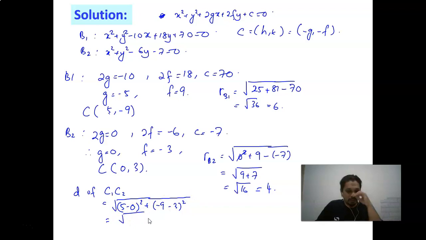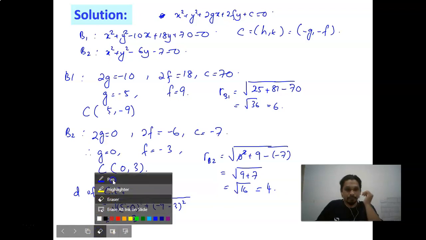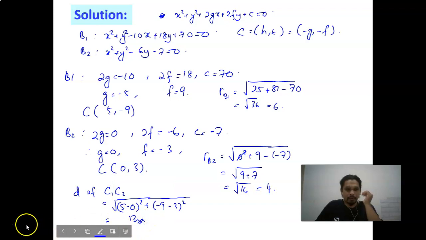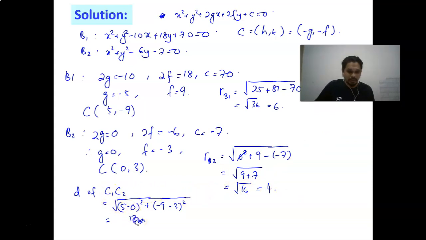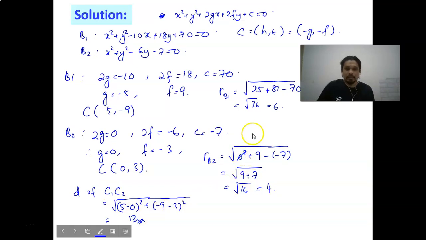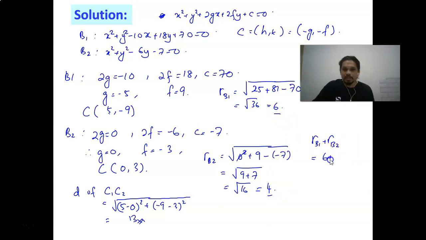And you count by yourself, this is going to give you square root of 169, which is just 13. So now guys, girls, let's compare the distance of the two centers of the circles, equal to 13 here, and the radius of B1 plus the radius of B2, 6 plus 4, which is equal to 10.